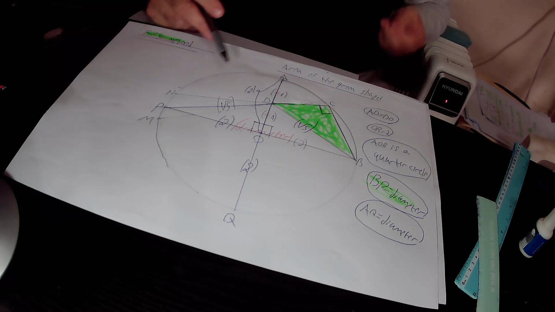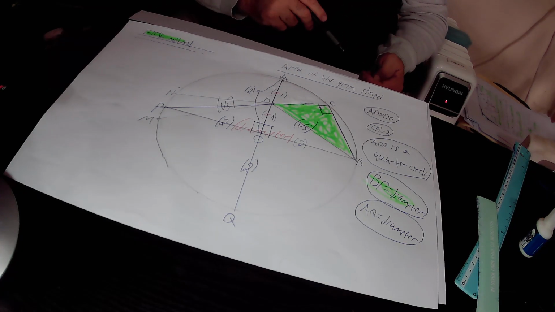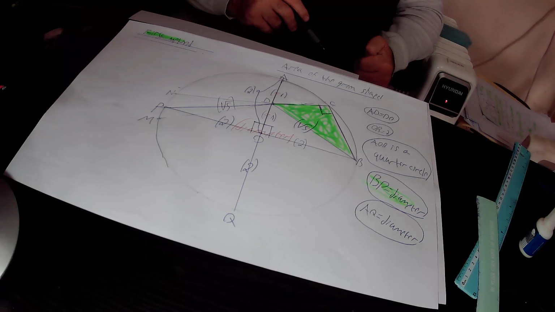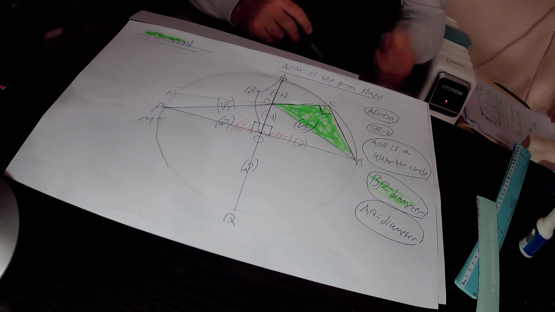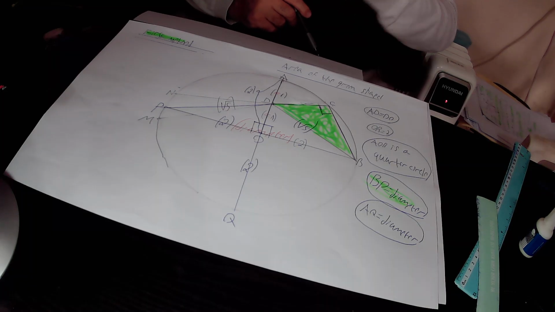So chord AQ intersects with chord CP at point D. All the requirements of rule 24 are satisfied, and therefore we can implement rule 24.